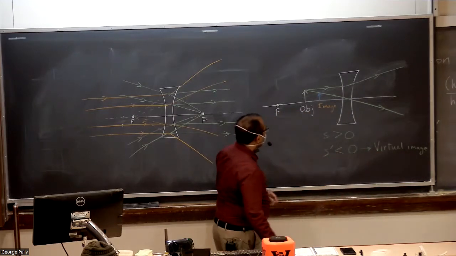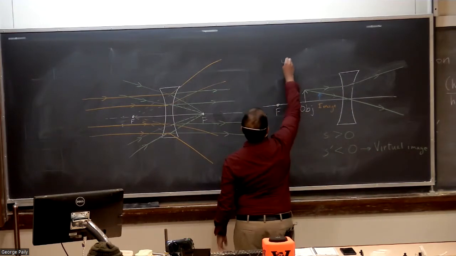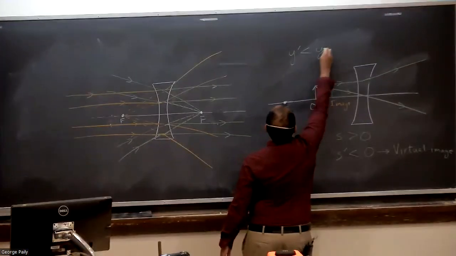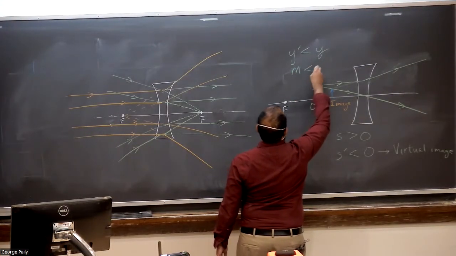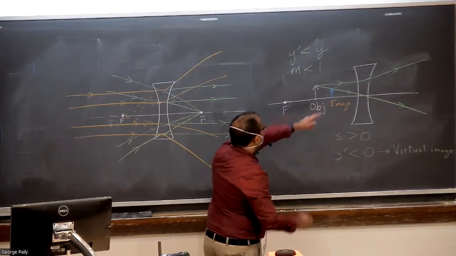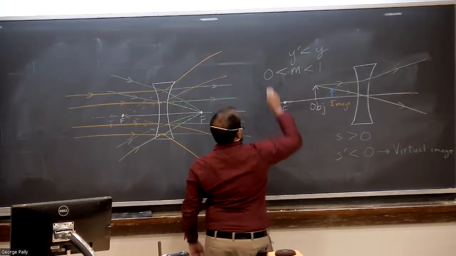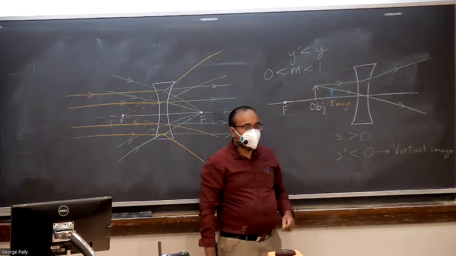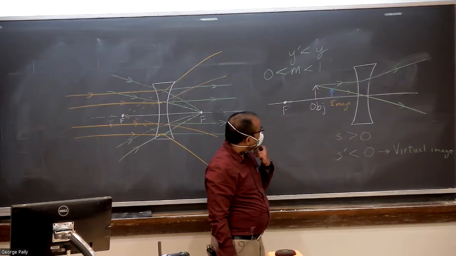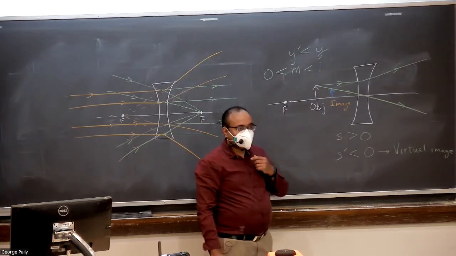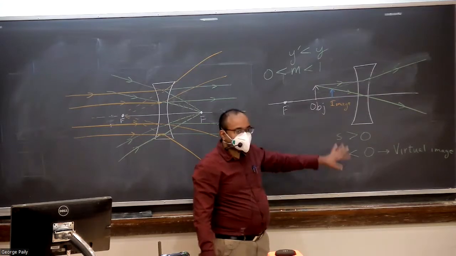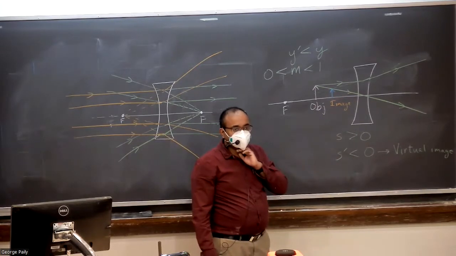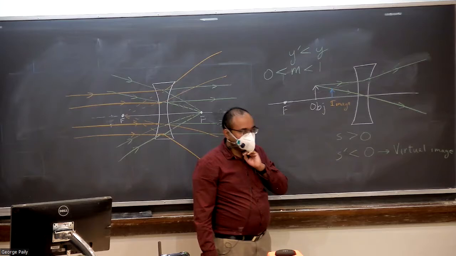As far as the magnification goes, we can see that Y prime is less than Y. And so our M is going to be less than 1, but still positive. All right, I'll do another example, but any questions about this example? Okay.